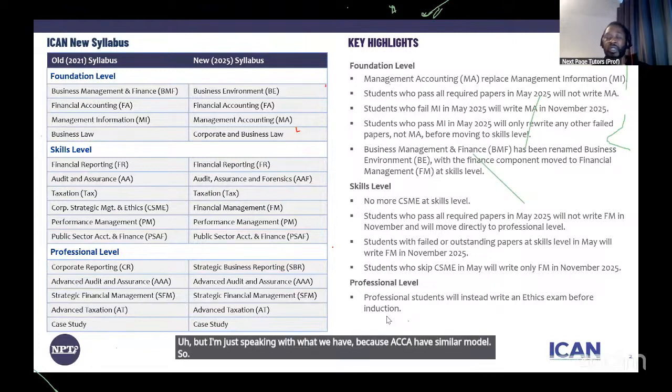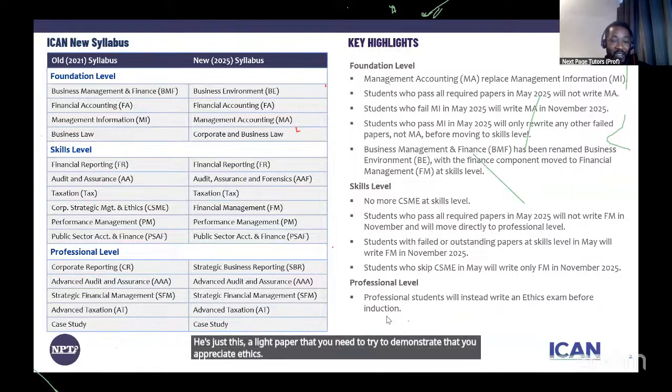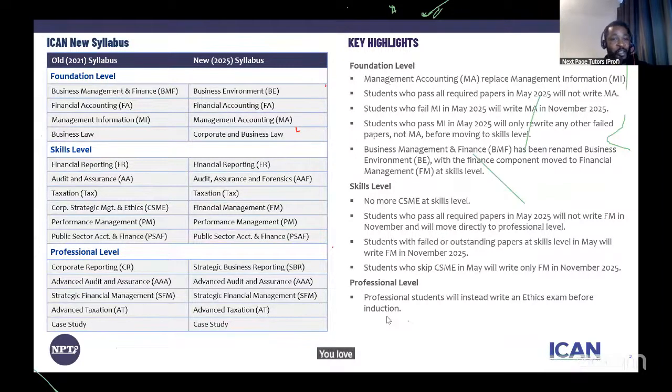So it's just a light paper where you demonstrate that you appreciate ethics. Now you know ethics and you're ready to practice ethics. That's all. Then we can bring you in as a full member ACA into the noble profession. So it's not something deep, actually.